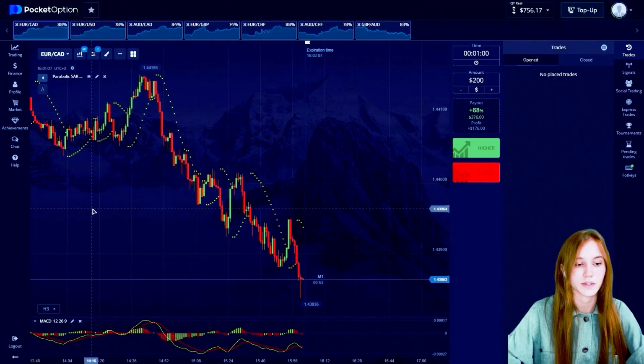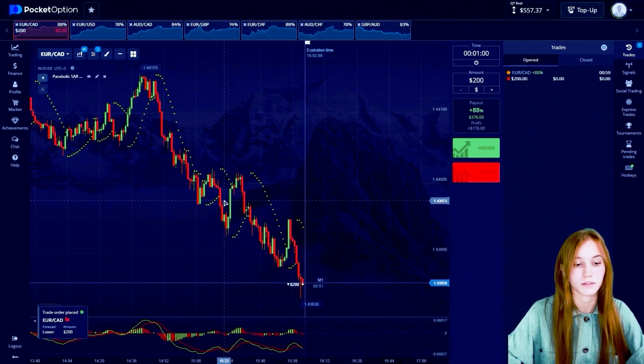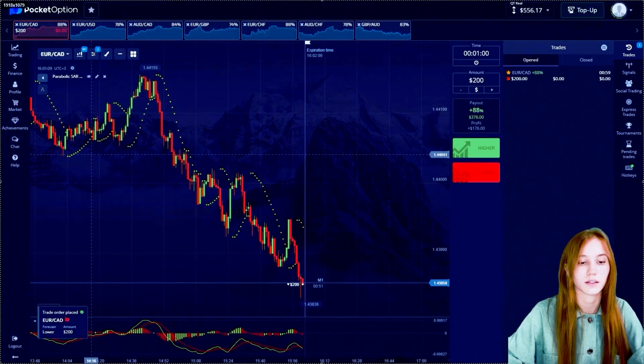So we are on the next concept. Let's open down deal and start our technical analysis. We see decreasing, it's stable on our chart. Then we see by parabolic, we see points at the low position. It's stable.